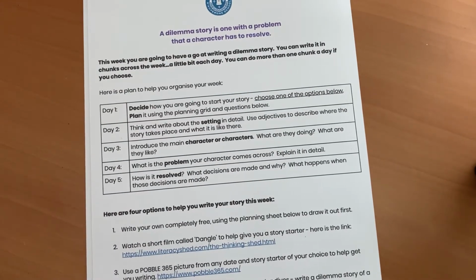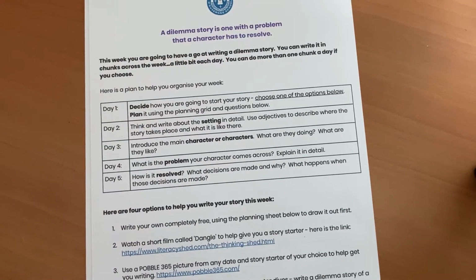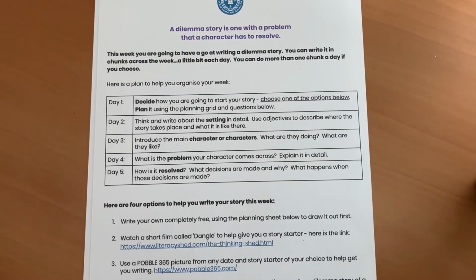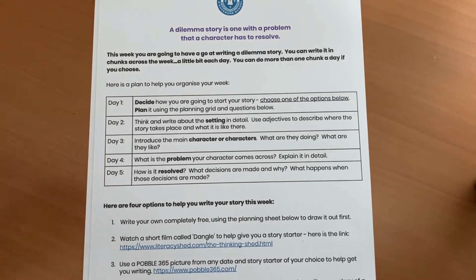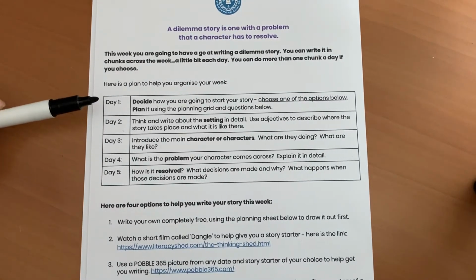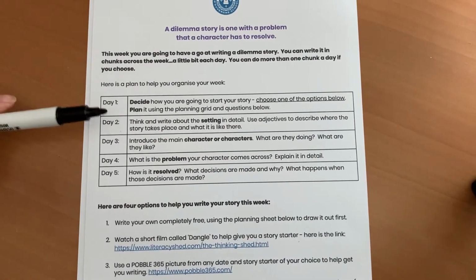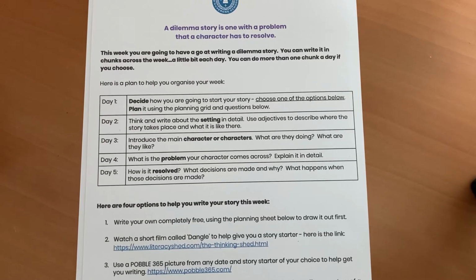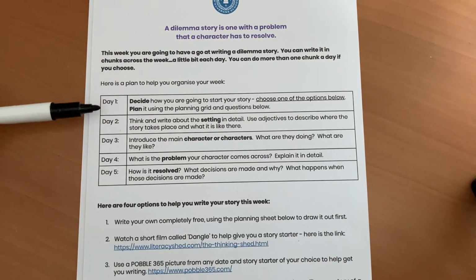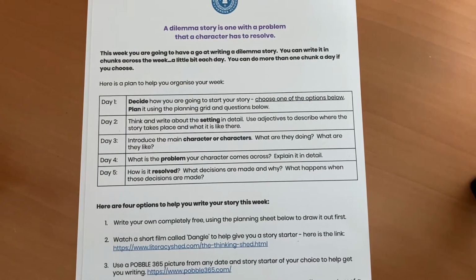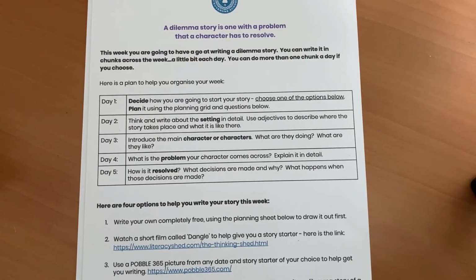And it says next to each day what you could do that day. Now, if you get more than one of these things done in one day, that's absolutely fine. It's not a problem. You might decide you can do it all in one day. It doesn't matter. I'm just trying to chunk the whole thing so you've got some sense of what you've got to do.